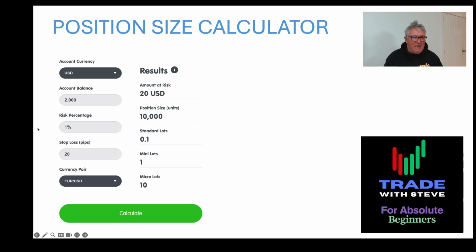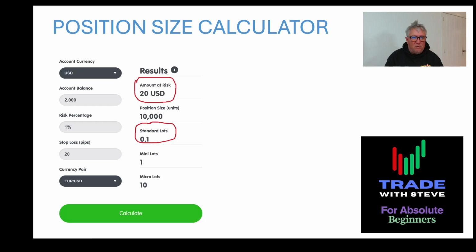But if you wanted to manually figure it out, your account currency is generally always US dollars. You put in your current account balance, and in my case it was $2,000. I want to take 1% risk with a stop loss of 20 pips based on this pair, and then you hit calculate, and it says the amount that you can risk on this trade is $20 US, and the position size is 0.1 standard lots.